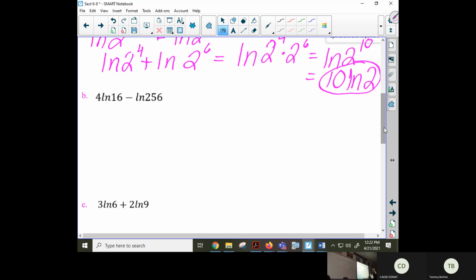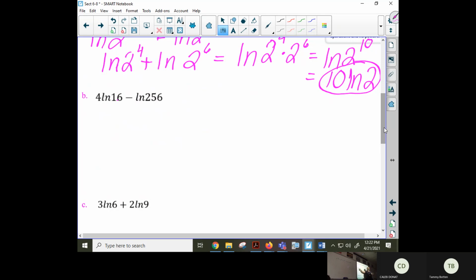All right, so this one too, the first thing I do when I first look at it is I think, could I write 16 and 256 as the same base? Is 256 a power of 16? Power of 4. 16 squared is 256.